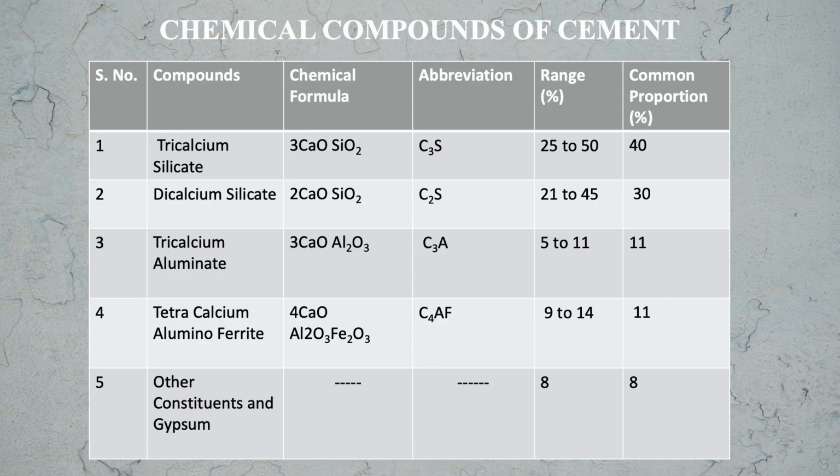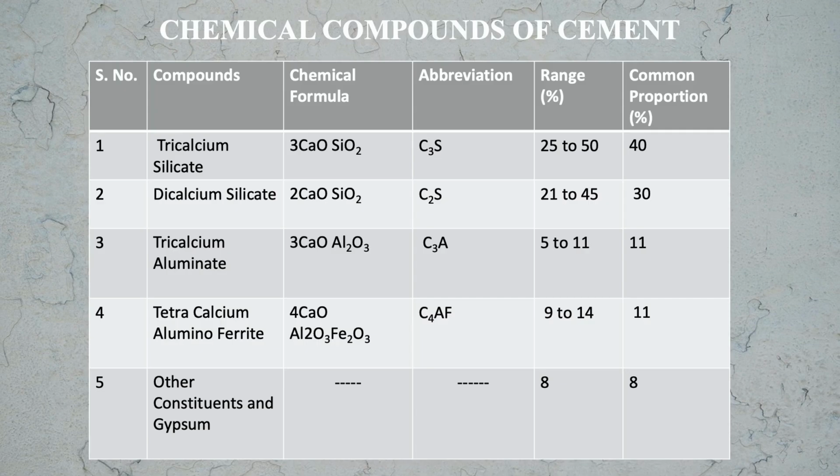Then dicalcium silicate, 2CaO.SiO2, generally we call it C2S, range is 21 to 45%, but commonly it is found 30%. Tricalcium aluminate, 3CaO.Al2O3, commonly called C3A, percentage range is 5 to 11, and generally we find 11% is present in cement.